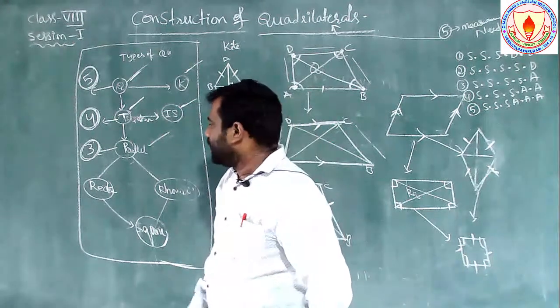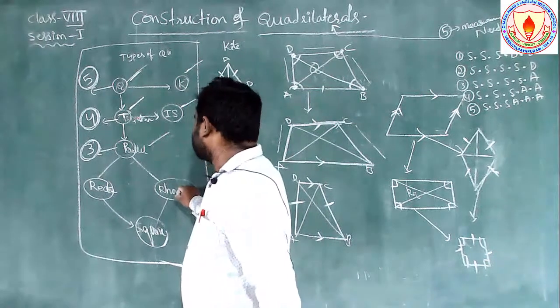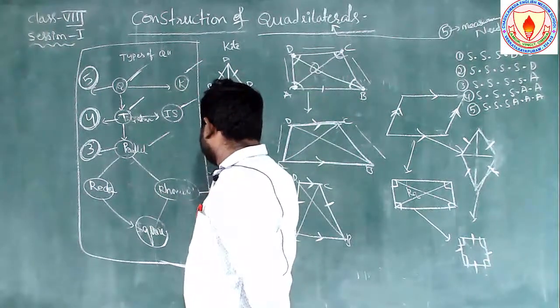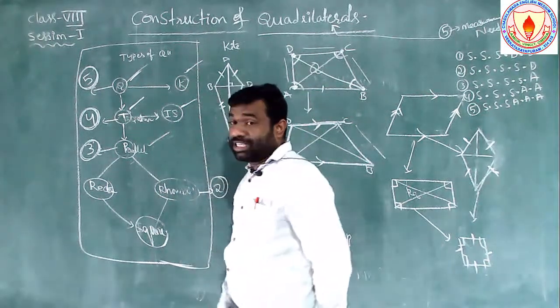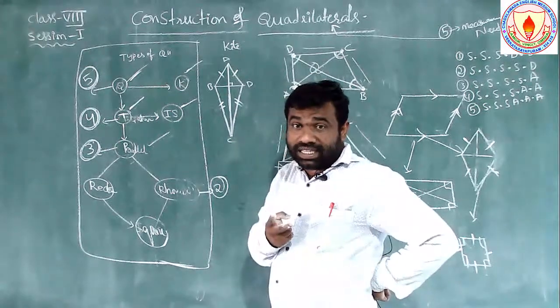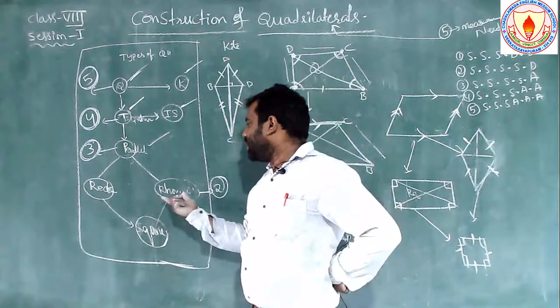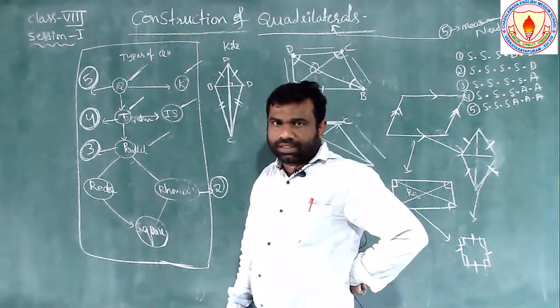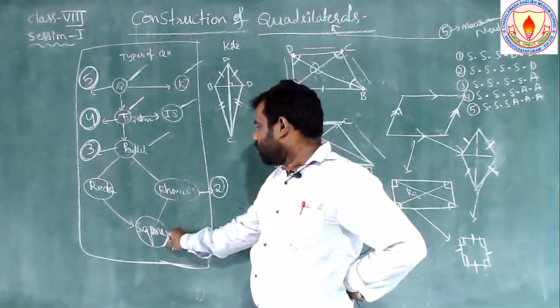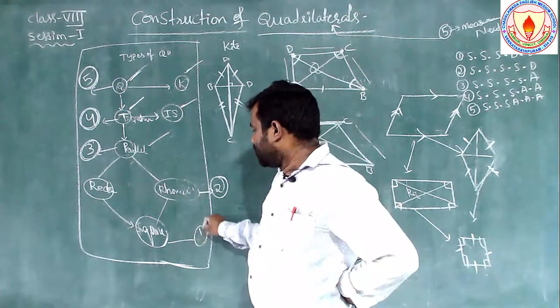Yes or no? Next, rectangle and rhombus: 2 measurements are the minimum needed to construct a rectangle or rhombus. And for a square, one measurement.